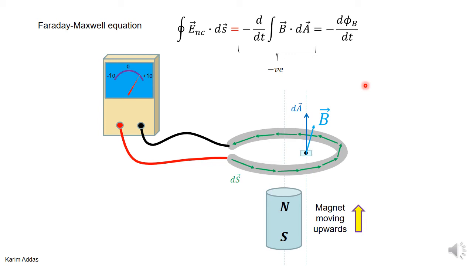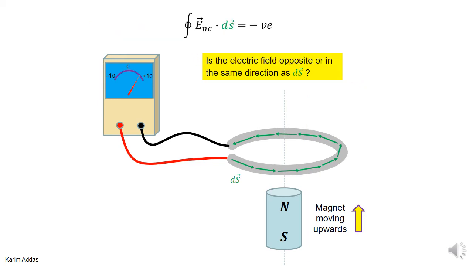What does that imply about the electric field on this side? Well, we just showed that if you integrate the electric field dotted into the ds vectors, it's a negative number. Now the question is, does that mean the electric field is opposite or in the same direction as the ds vectors? Obviously, to have the dot product negative, the electric field has to be opposite the ds vectors. It can't be in the same direction.